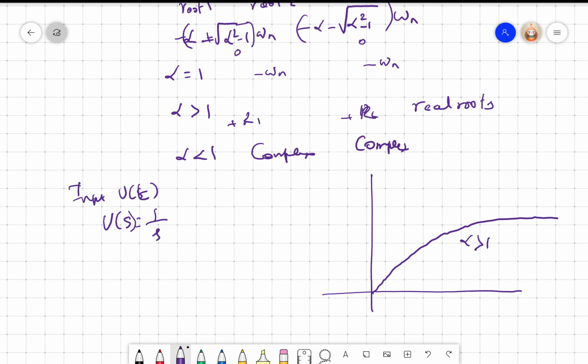I am not doing this again because you would have done this in control systems, right? And if I put alpha equal to 1, I will get something like this. This is alpha equal to 1. If I get alpha less than 1, then I may get something like this. So we have overshoot and undershoot. So this is alpha less than 1.